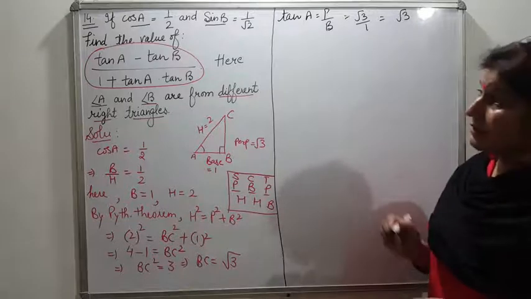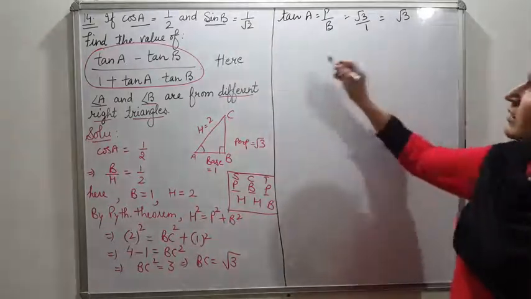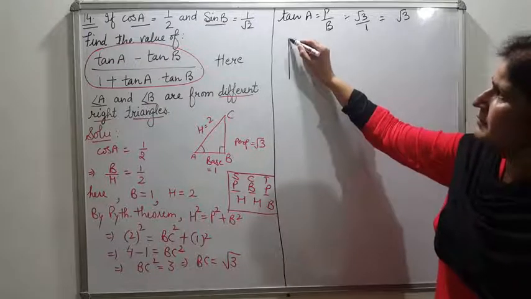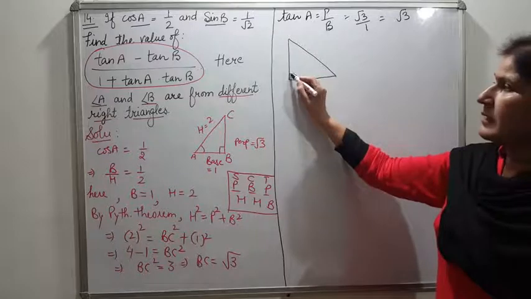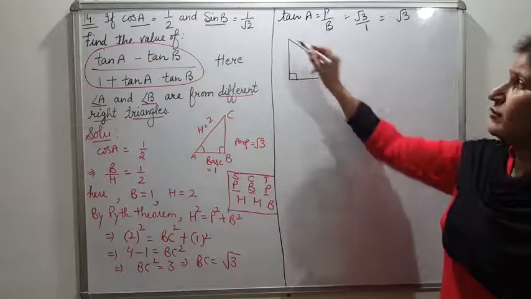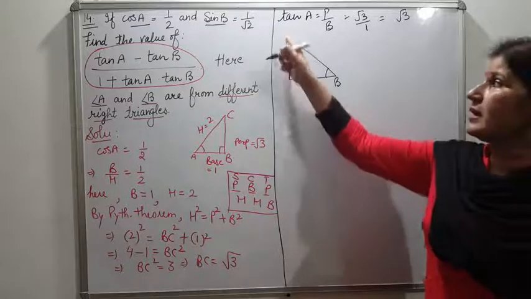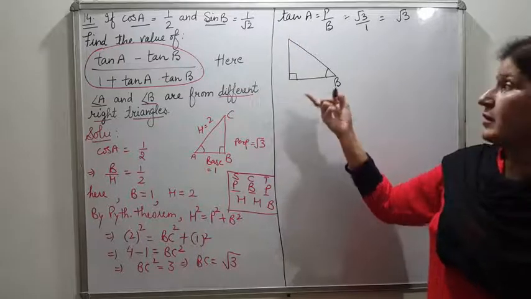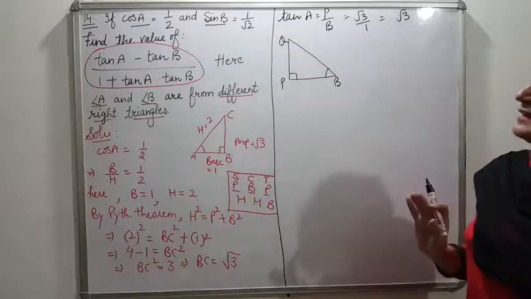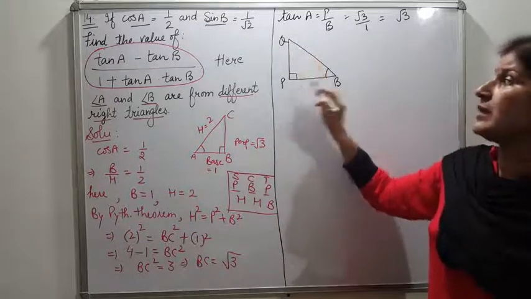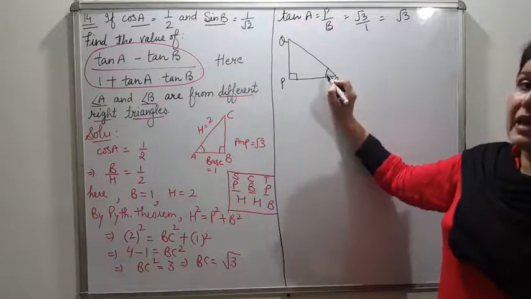Now we have to take another triangle in which you have to take sin B. So we draw a right angle triangle again here. 90. Any of the acute angle you have to take as B. Other two you can take A, C, or let me take P, Q. Means we have a right angle triangle QPB in which angle P is 90 and B is an acute angle.